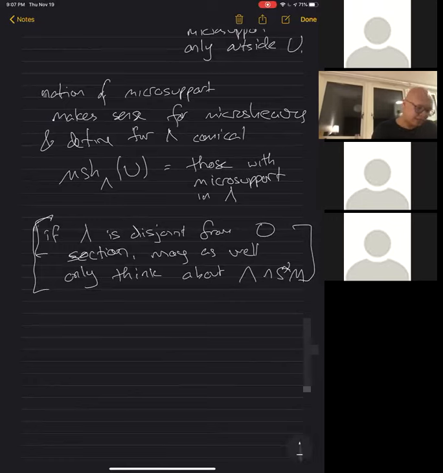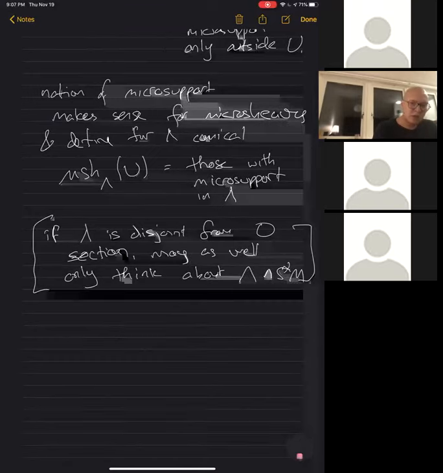Now, this definition, I made it for any closed set lambda, or maybe just any lambda, but usually we think about it.